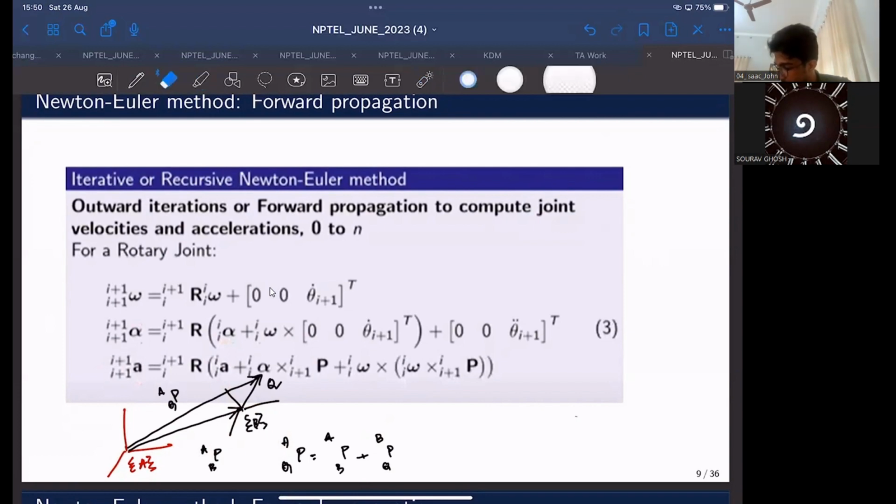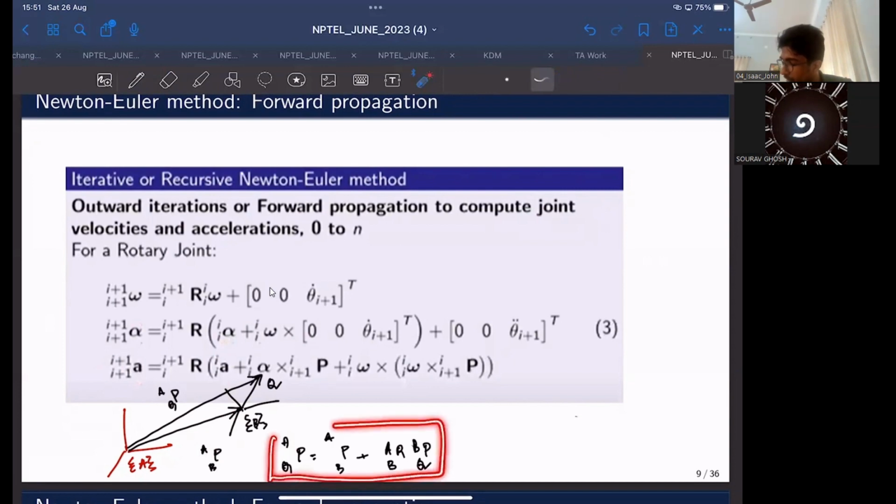Making that substitution, the rotation matrix A R B times B P Q. This is how the position of Q with respect to A looks.